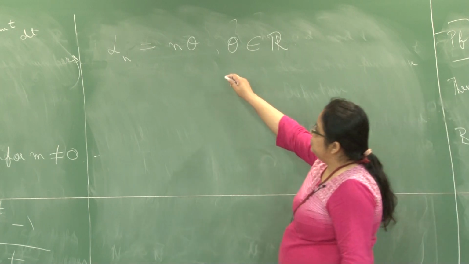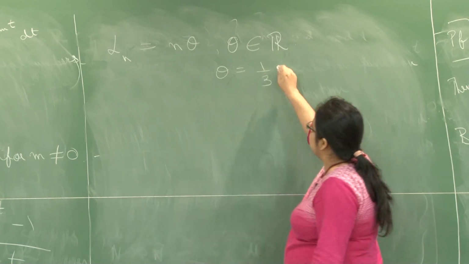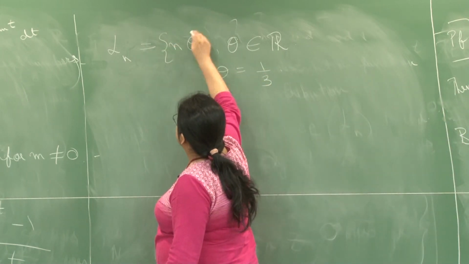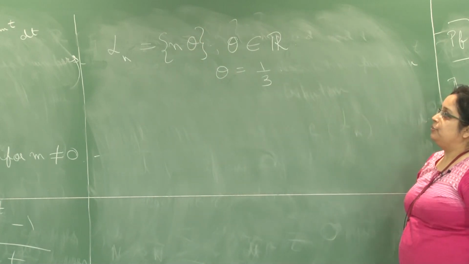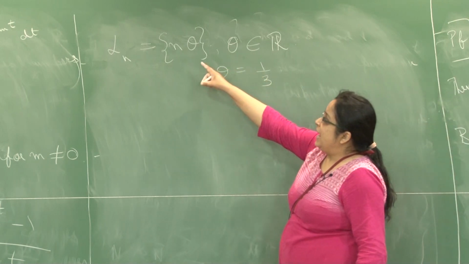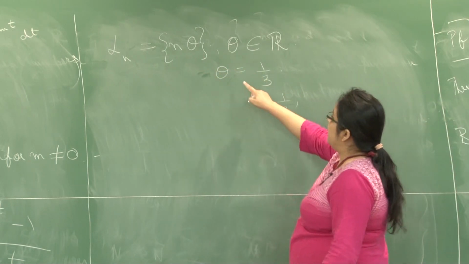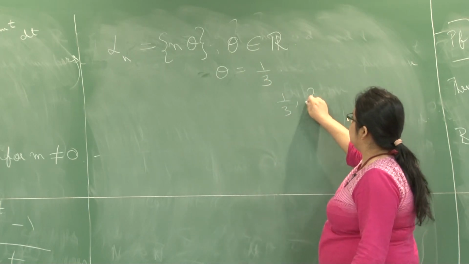So, what I am going to do is, if theta, let us say, is of the form 1/3. Okay. So, we are interested in the fractional parts, what will our sequence be? For n equal to 1, you just have 1/3. For n equal to 2, you have 2/3, since these are less than 1.